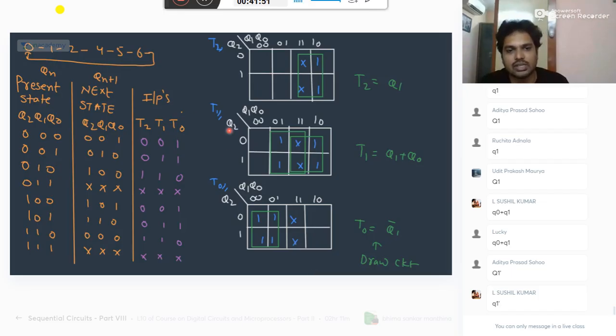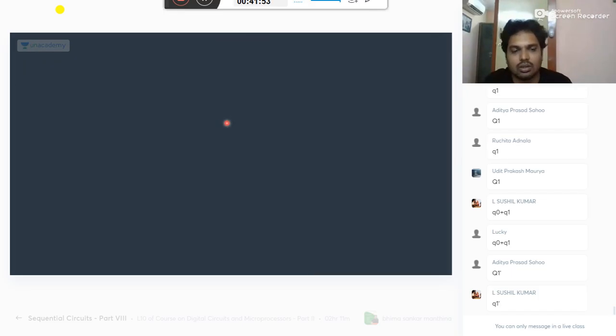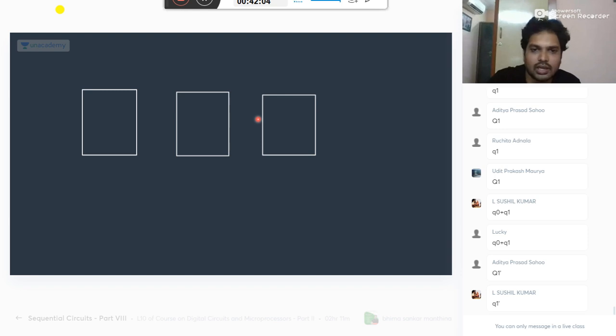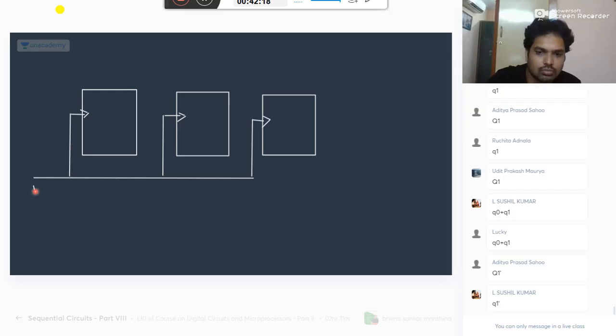So this is what we have designed just now. If you want to draw the figure, I can draw. You take 3 flip-flops. You take any triggering. I already told. Okay, take the clock common. So this is T2, T1, T0. You take any order, it doesn't matter. Accordingly, you should make the inputs. That's all.